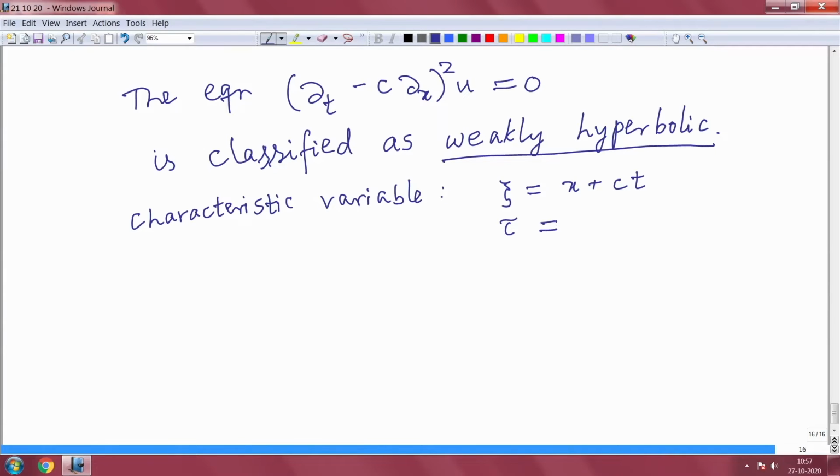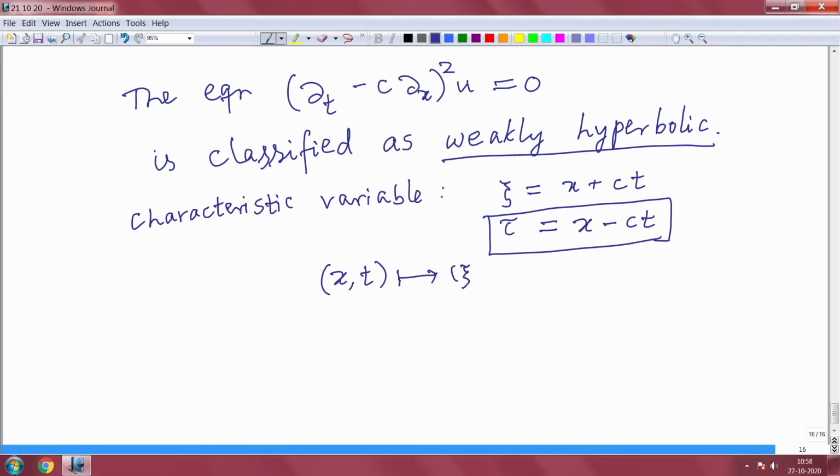So, the Jacobian should not be 0. The easiest choice is x minus c t. But remember, this time this is not a characteristic variable. We are choosing a different variable, so that this change of variables from x, t to xi, tau is non singular.